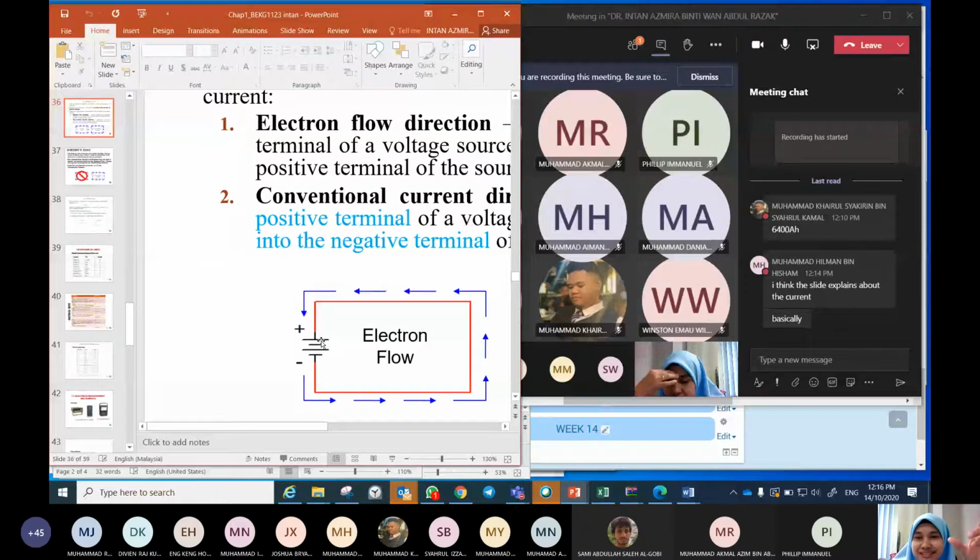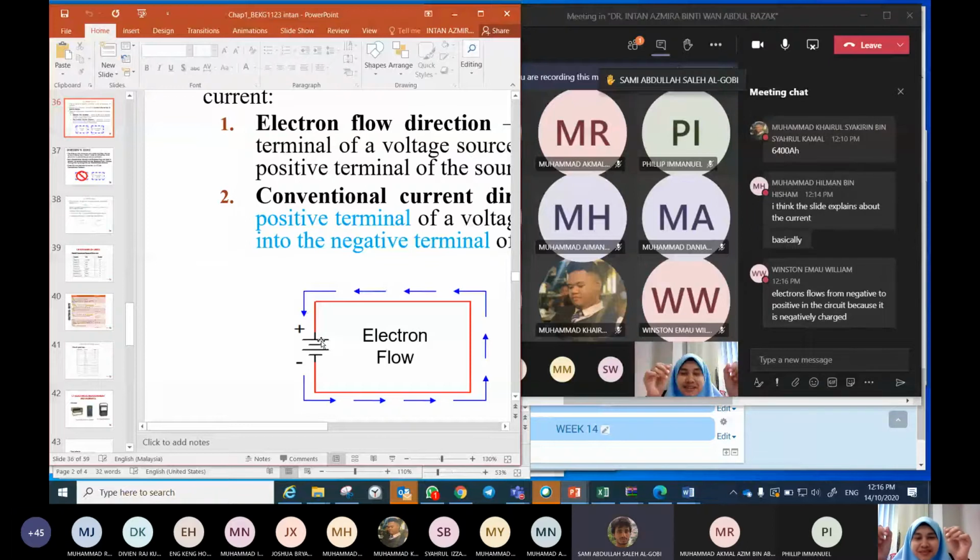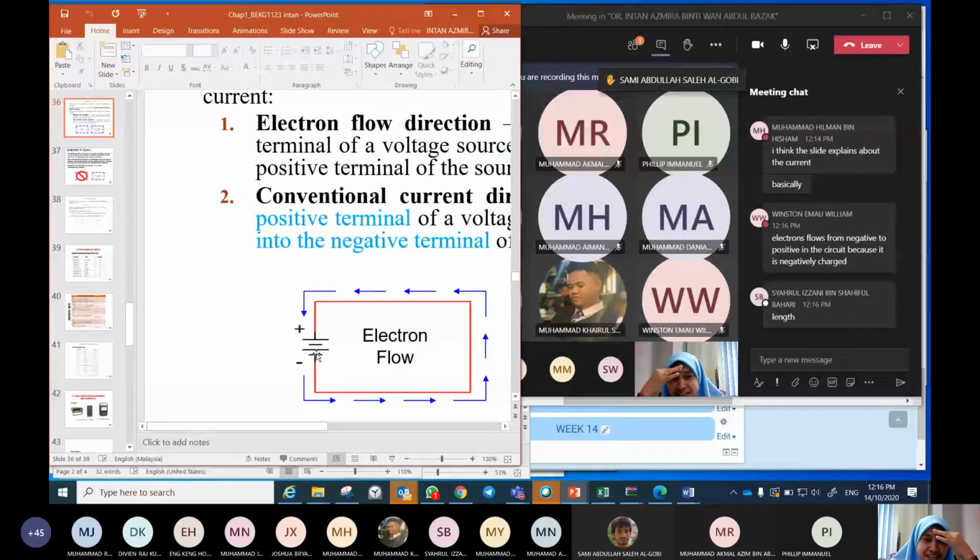The longer one here indicates the positive sign of the DC voltage source, the battery. The longer one represents the positive terminal.